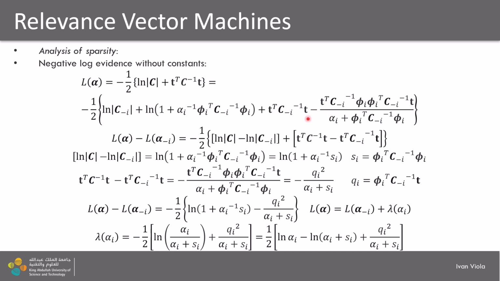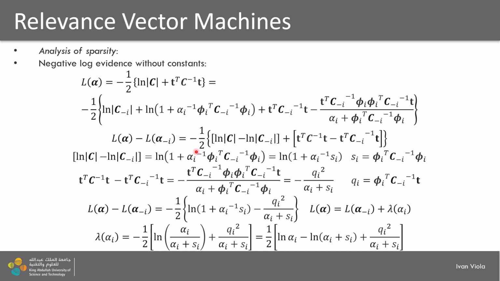And now we have the formulation where we see that the Lagrangian of alpha of the full model of C is actually expressed by the C minus i, and therefore that makes our job easier to find out what is the difference between the Lagrangian alpha and the Lagrangian alpha minus i, meaning the log marginal likelihood which is not including the ith basis function.